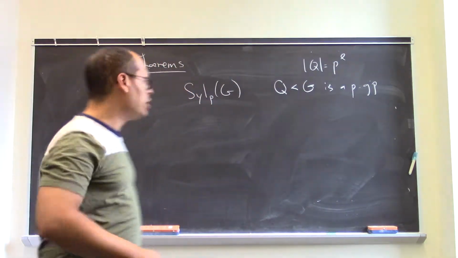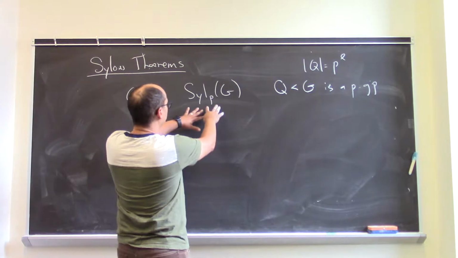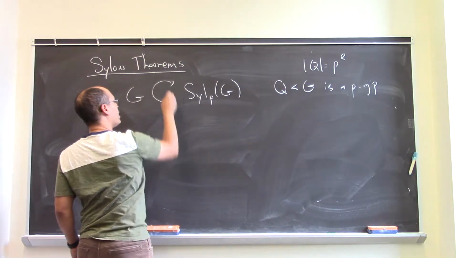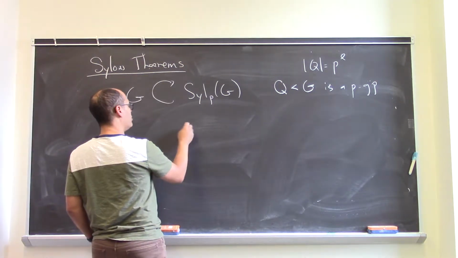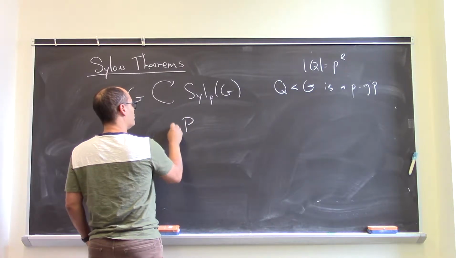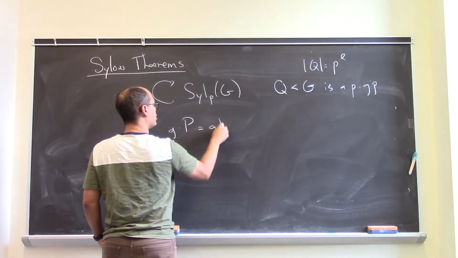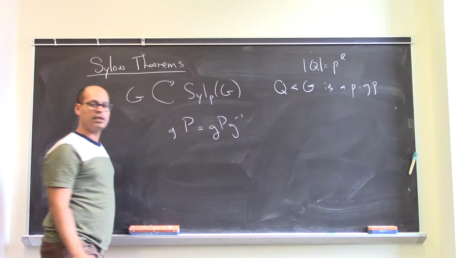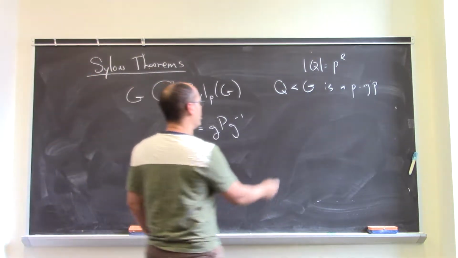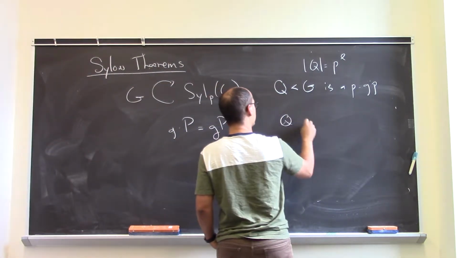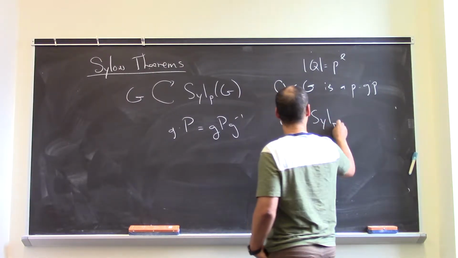Now, of course, G acts on the Sylow P subgroups by conjugation, right? So G acting on P by definition is GPG inverse. And this action restricts to an action of Q on the Sylow P subgroups.